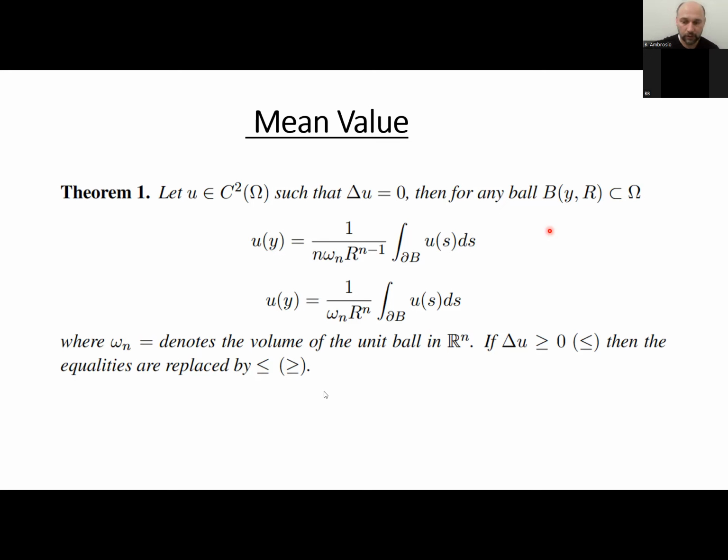And since the closure of omega prime is compact, I can always cover gamma by a finite number of balls of radius r.